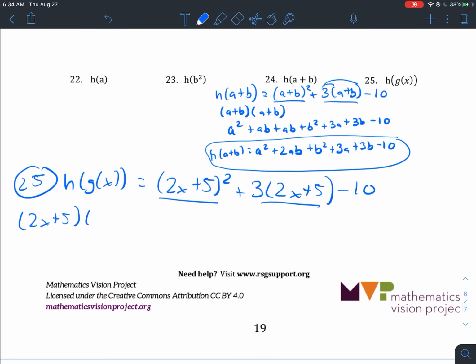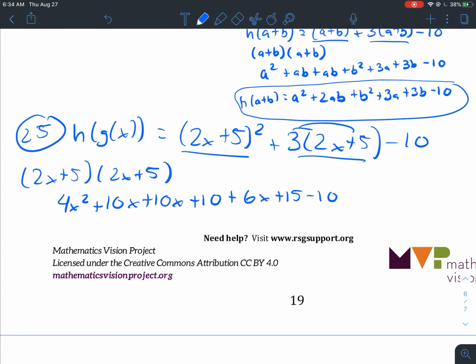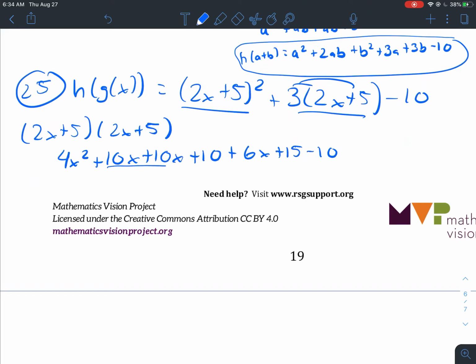So we've got 2x plus 5, I'm going to go ahead and zoom in now, times 2x plus 5. And when we FOIL that, we get 4x squared plus 10x plus 10x plus 10. And then we got to distribute. So we get plus 6x plus 15 minus 10.